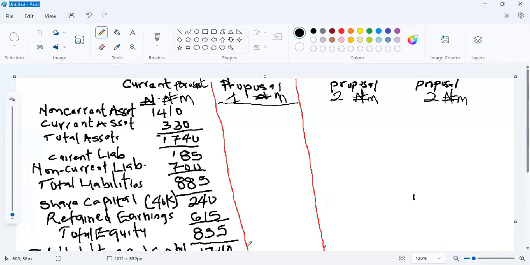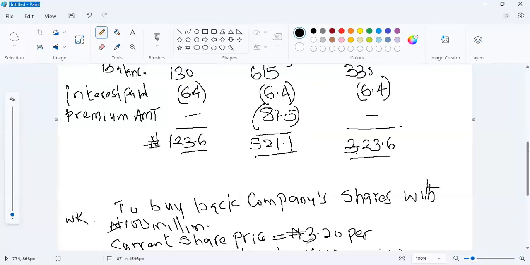No. You are borrowing more money and repurchasing shares. How does it affect your non-current assets? Sorry, error of mine, this is current assets. Our current asset value now has changed. From working, current assets is now 323.6.